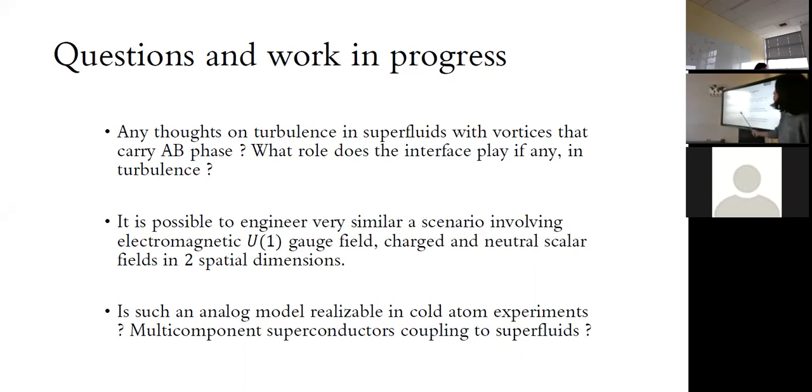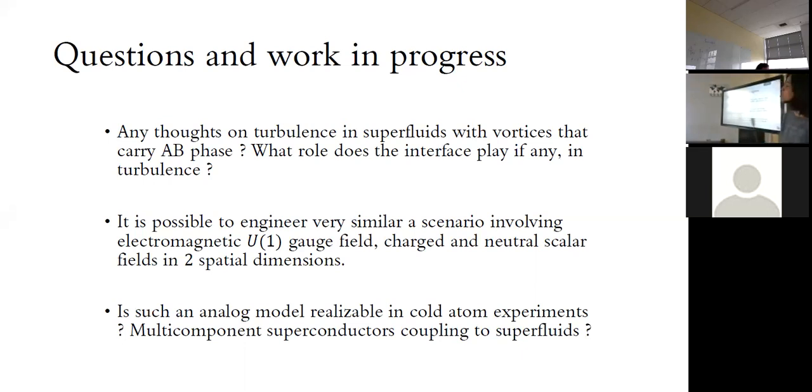The thing that I'm working on is the following. It is possible to engineer a very similar situation using electromagnetic U(1) gauge fields. So I'm trying to design 2 superfluids that are undetectable using symmetry properties, like the Landau paradigm, but where you'll be able to detect the sharp difference between them by looking at Aharonov-Bohm phases around vortices. I will just need a U(1) gauge field, and charged and neutral scalar fields in order to achieve this.